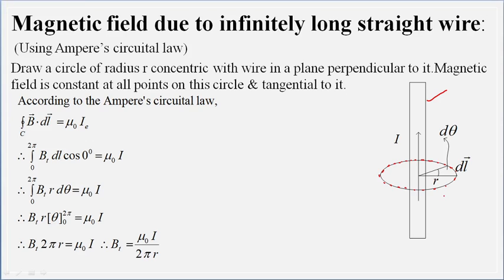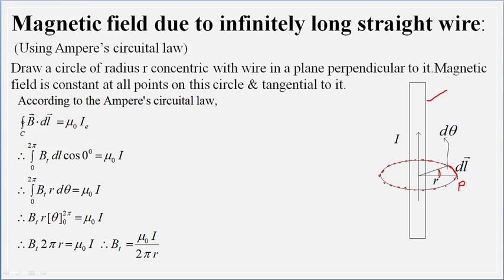Then we take the element dl, a very small part. It subtends the angle d theta. You are finding the magnetic field at a point P, at distance r. r is the radius of that Amperean loop.